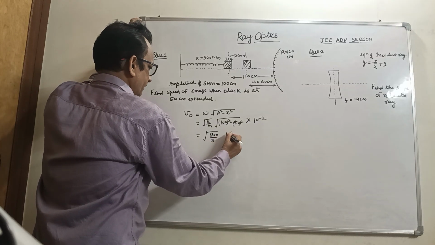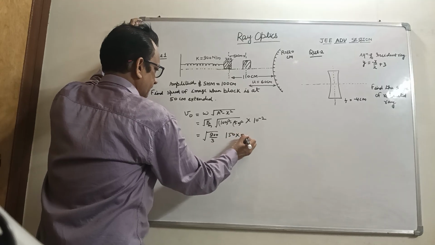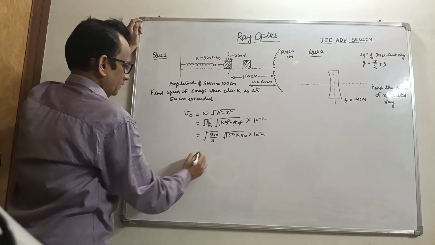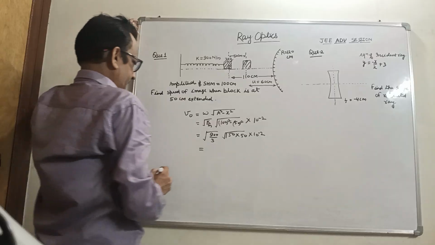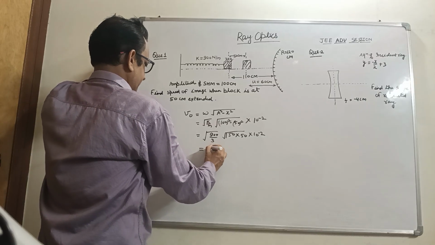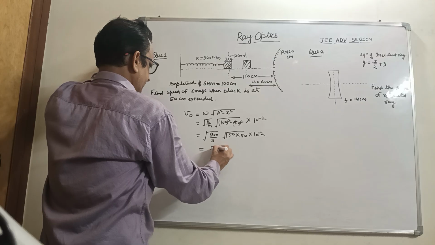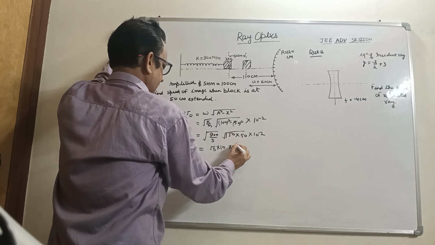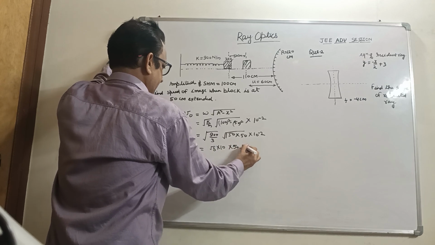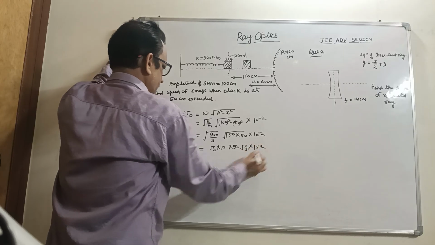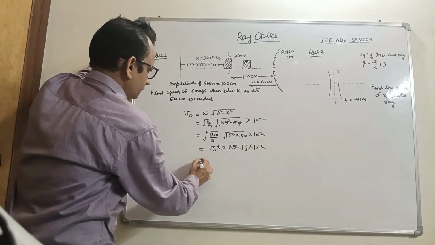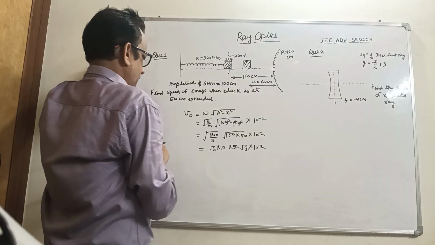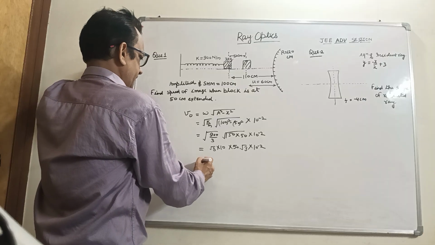So this becomes 150 cross 50 under root, 10 raised to power minus 2. So this becomes 300 root 3 into 10, this becomes 50 under root 3, 10 raised to power minus 2.